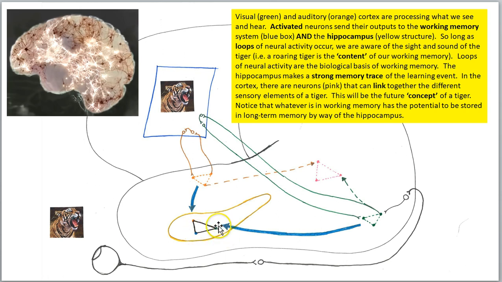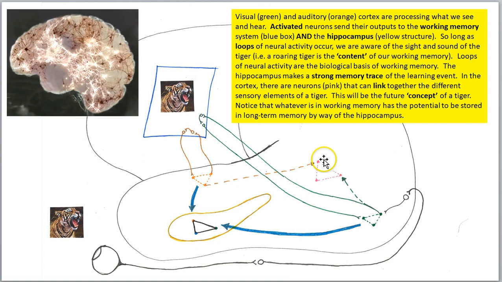Now, we've learned that the hippocampus is making episodic memories, which includes the circumstances of learning, the details of the learning situation, not just the characteristics of the tiger, what it looks like and what it sounds like. Also in the cortex then, in addition to the cells responding to the appearance of the tiger and the neurons responding to the sound of the tiger, we have other neurons that are linking those two sensory qualities.